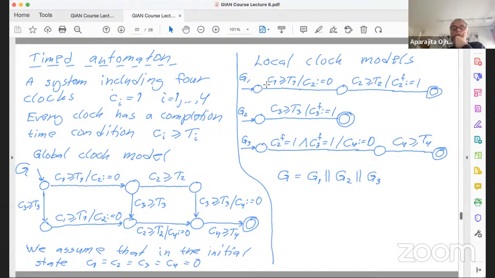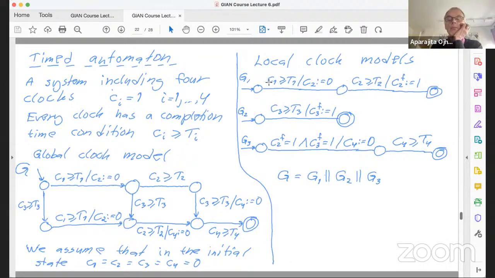Then we assume that each of these operations has an individual clock. So before you start a new operation, where you need to count a specific time T2, you need to reset the clock corresponding to this.